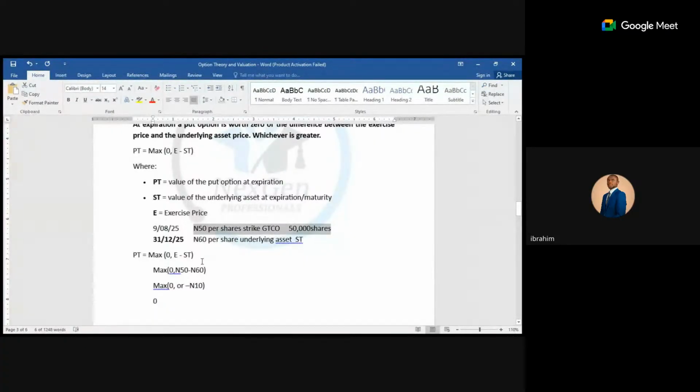On getting to the future dates, the price becomes 60, and you've already entered into an option contract to sell it for 15 naira. If you decide to exercise your rights, you will be out of the money, but whichever is greater between the 0 and this.